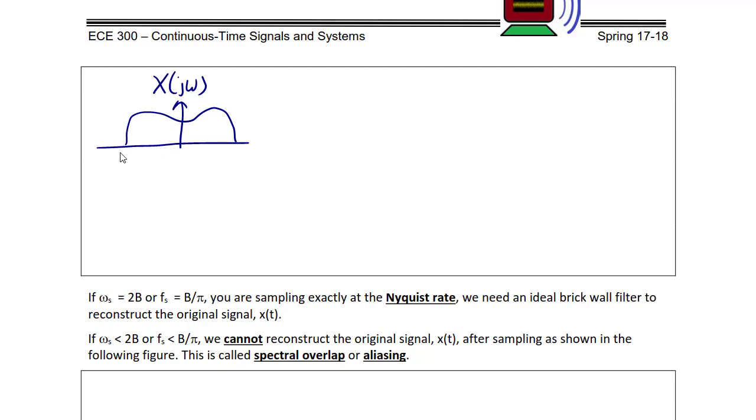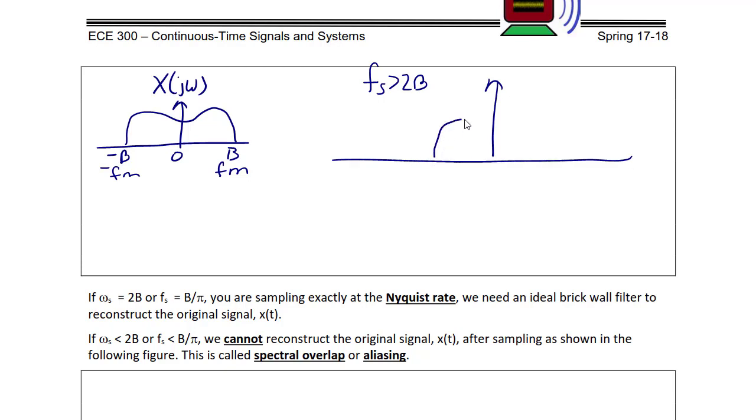So assume we have a strictly band-limited signal, X of j omega, that has the following arbitrary shape with negative B, 0, and B, which represents our maximum frequencies. Then our sampled signal, if you sample at greater than the Nyquist rate, or fs greater than 2B, will look like the following, where each of these represents omega s, negative omega s, and so on.